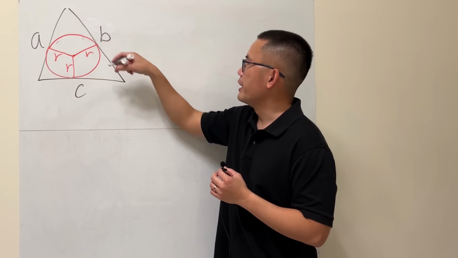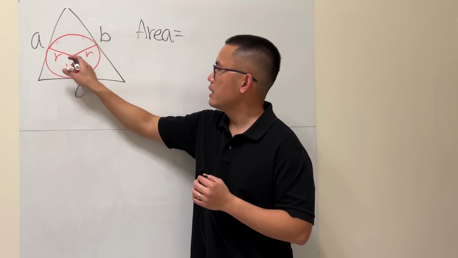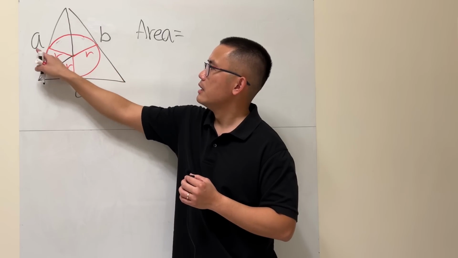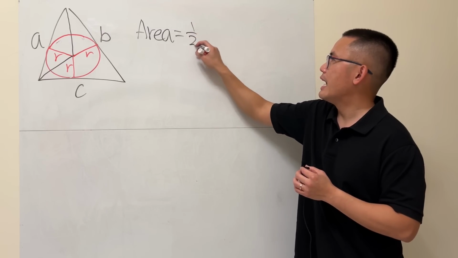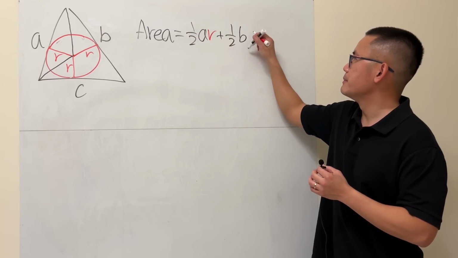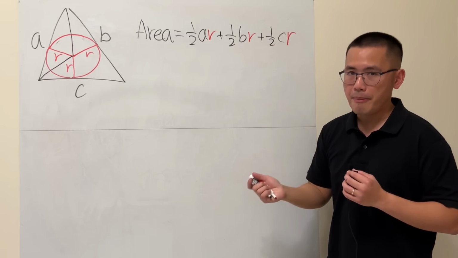So the whole area will be, again, do like this. So the first part is, take this for the base, that will be the height. So we have 1/2 A times R, and then do the same thing, 1/2 B times R, and then lastly 1/2 C times R, same thing.